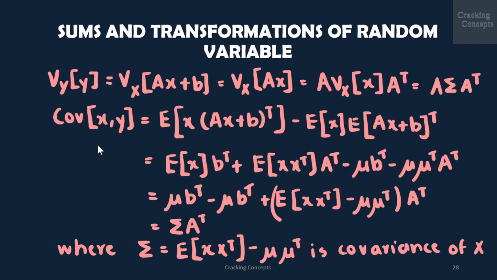Furthermore, covariance of x comma y can be written as expectation of x into (Ax plus b) the whole transpose minus expectation of x into expectation of (Ax plus b) transpose. On substitution, we get it as sigma A transpose, where sigma is given by expectation of x transpose minus mu transpose, which is the covariance of x.